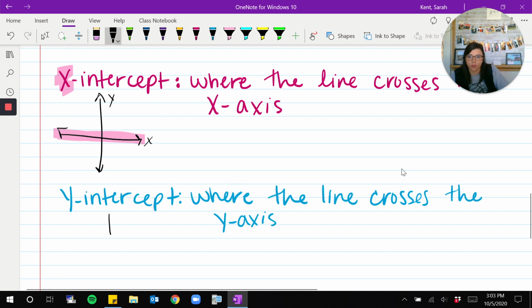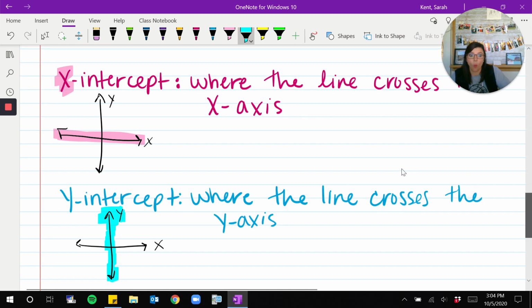So again, if we think about our graph, we have an x-axis and a y-axis. Our y-intercept is where it crosses the y-axis.